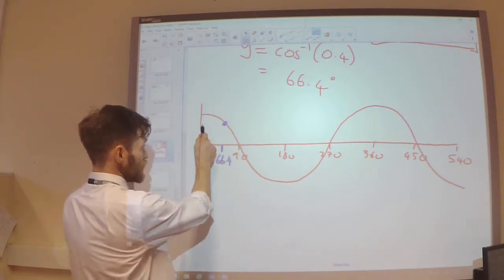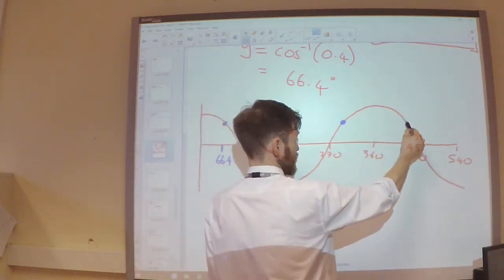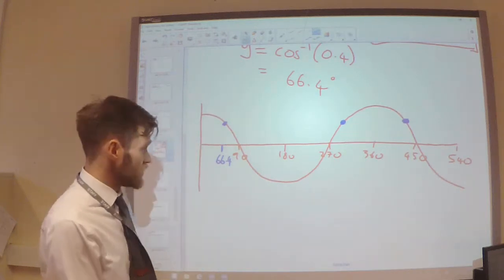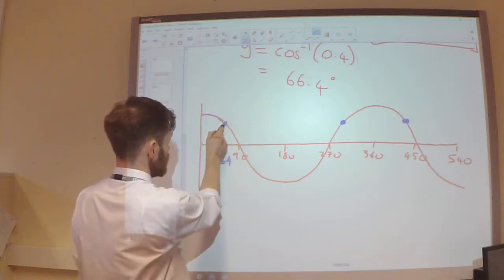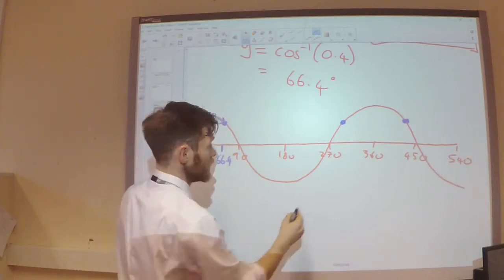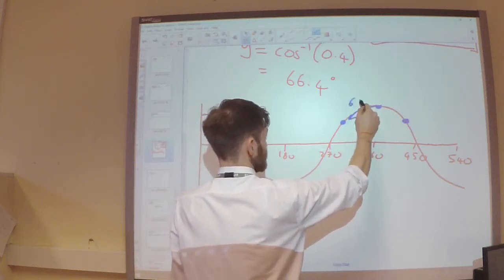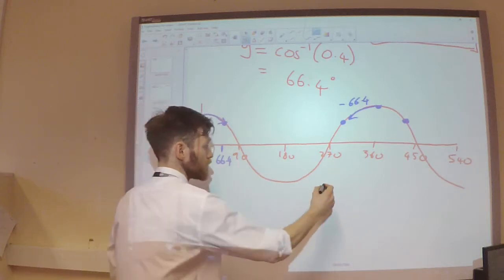I can see, looking across, I will have another solution here and another solution here. Using the symmetry of the graph, this solution was 66.4 degrees from 0. So I'm going to need to go 66.4 degrees away from 360.